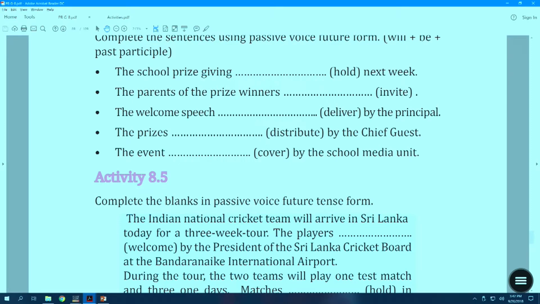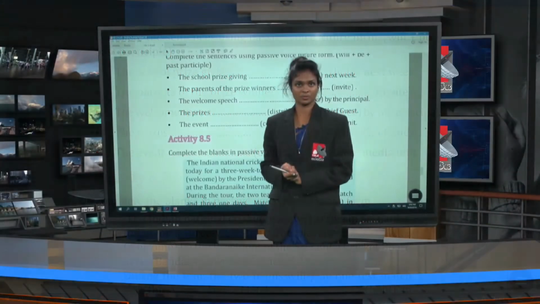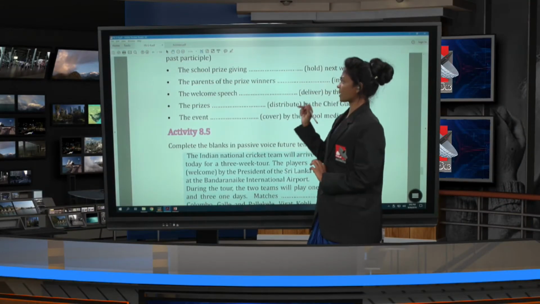Then the first is, what is it? The school prize giving, blank. In the brackets you are given the verb: hold. Next week. How do you make it into passive?